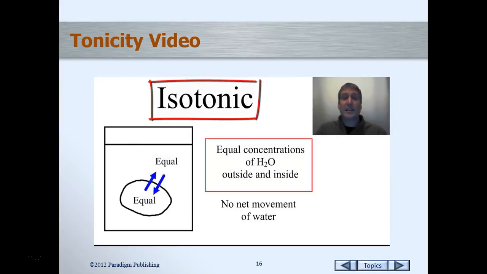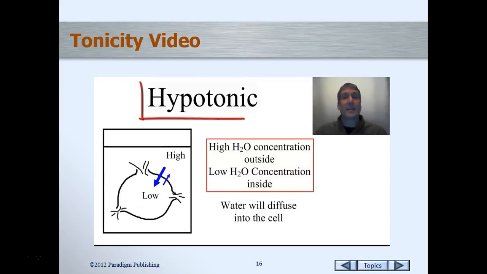So the first one is an isotonic solution. This is where you have equal concentrations of water on the inside and the outside of the cell. So there's no net movement of water. The same amount of water is being bumped out of the cell as is being bumped into the cell. So the cell can maintain its water balance. The second type of solution is a hypotonic solution.